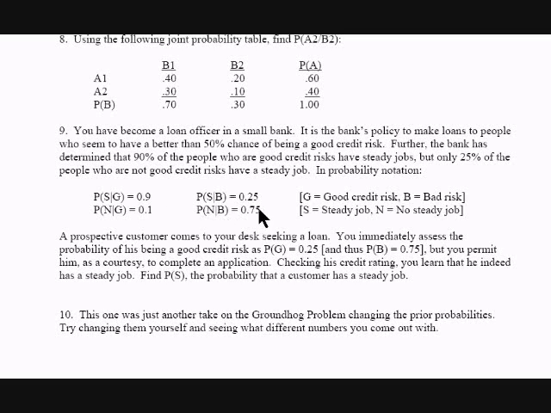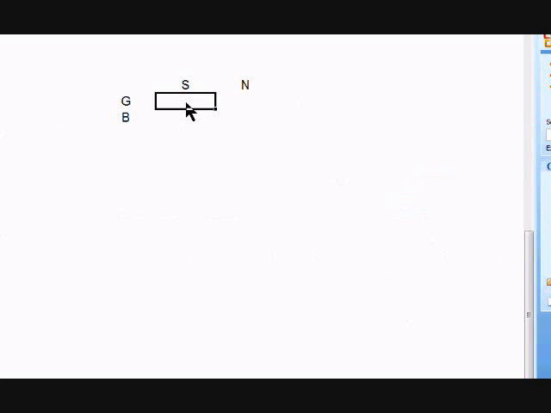So how is all this going to work? So let's go back over here and we'll say 0.9 and 0.1, 0.25, and 0.75. So we know that with good credit, we have these two probabilities, and they will add up to 1, right? They all add up to 1.